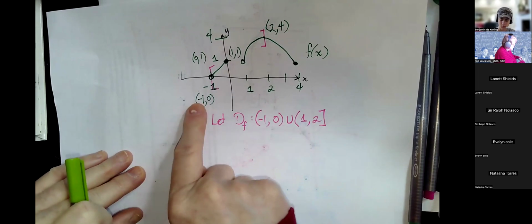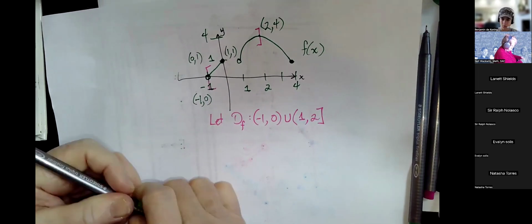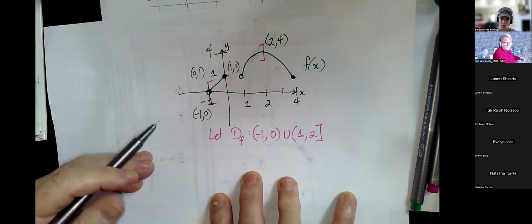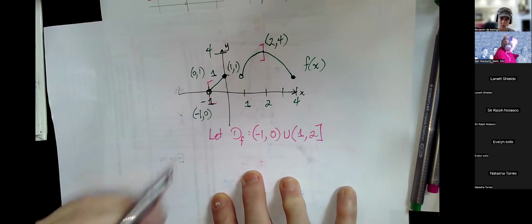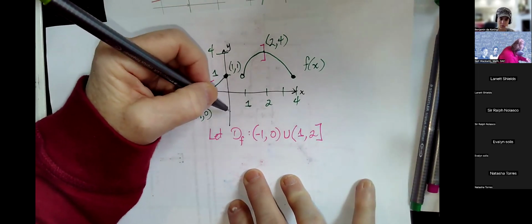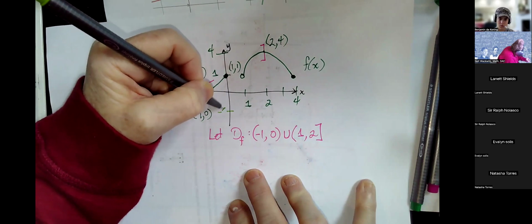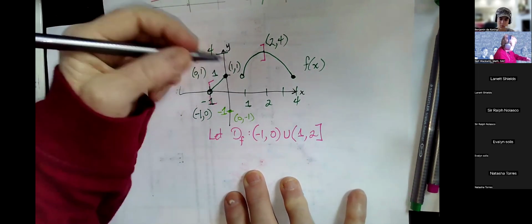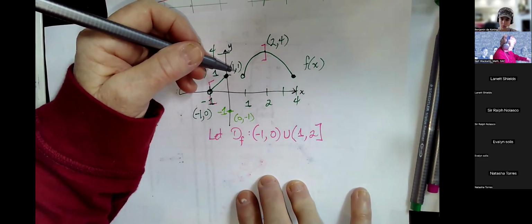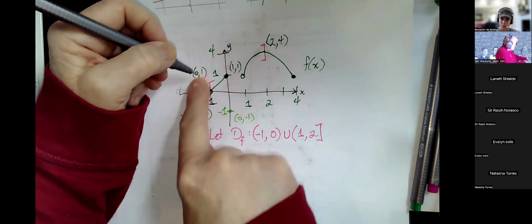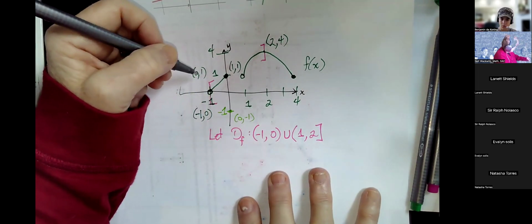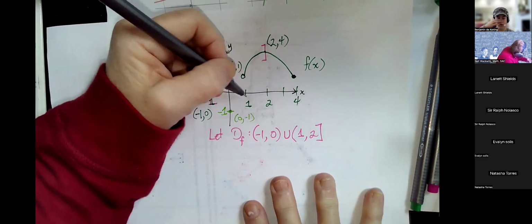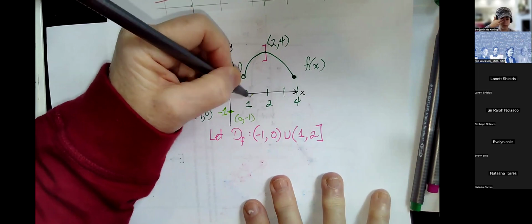Okay, so what am I going to do with this -1, 0? Just flip x and y. Okay, so that'll be 0, -1. And this point 0, 1, I was confusing myself, is going to become 1, 0, and that's filled in.